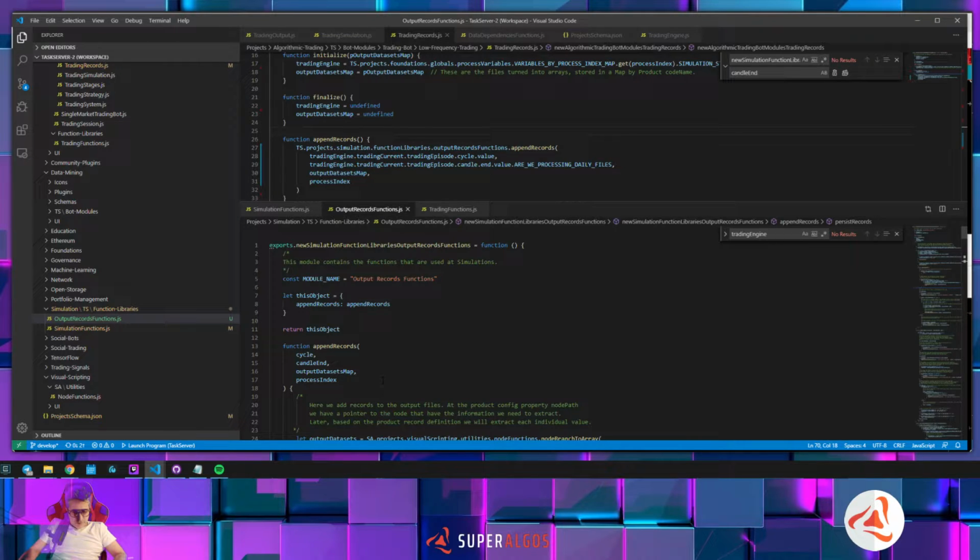Otherwise, how can I create a variable with a name received by parameters? I don't know.